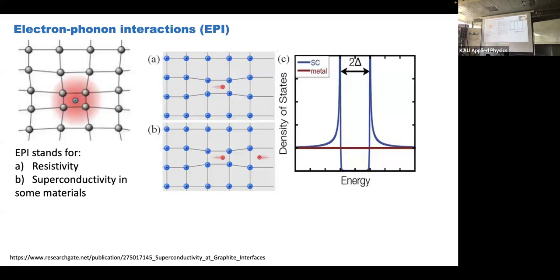It makes some phonon wave of these ions, and it can interact via this phonon wave with another electron. This is the Bardeen-Cooper-Schrieffer scheme of superconductivity, like Cooper pairing. And from the point of view of density of states, we will have some gap, which is called the superconductive gap.